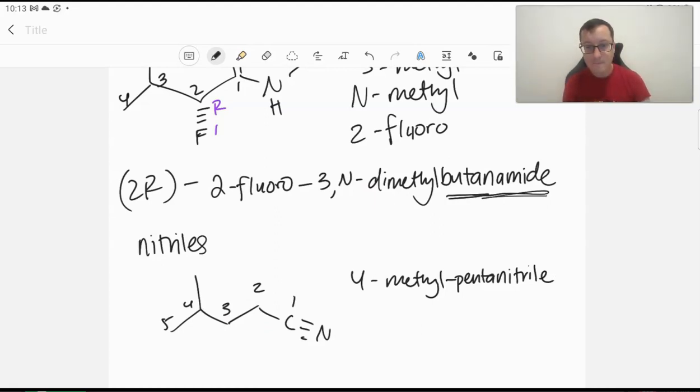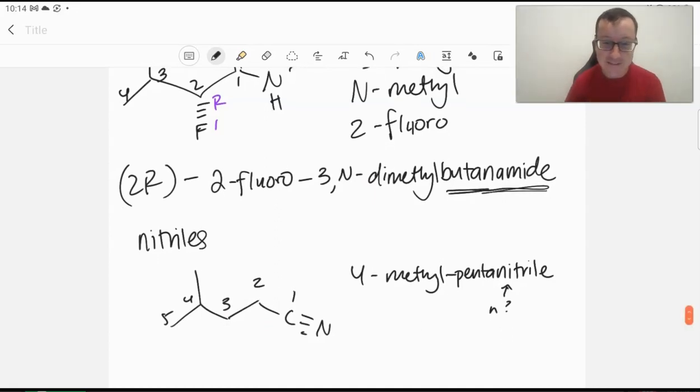I don't remember if there's 2 N's in this or not. Pentanitrile. This one I'll actually have to check. So let's not talk about nitriles yet, because I don't remember if this has two N's or not. Whatever. I'll just put a question mark. I'll look that up and I'll let you guys know next week. But we'll go with that.